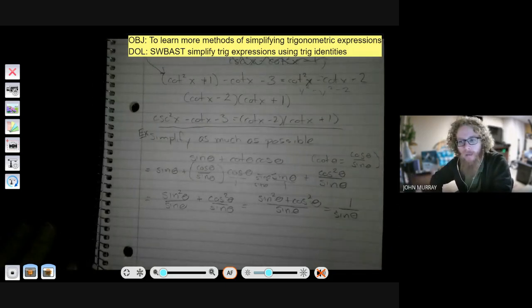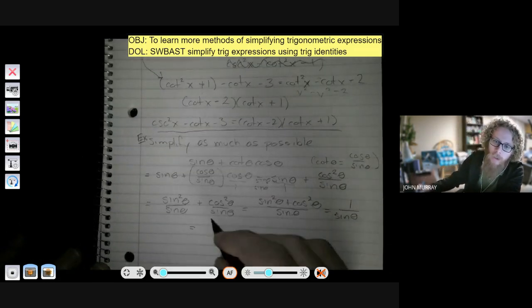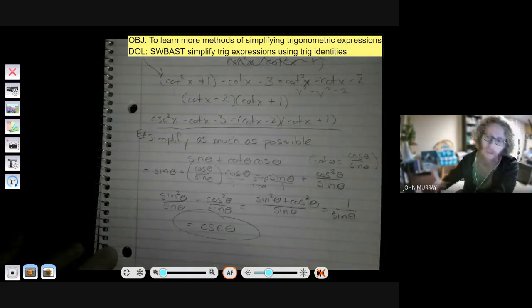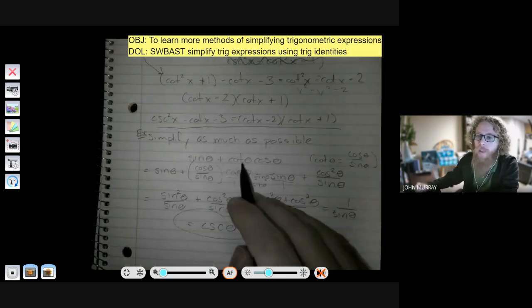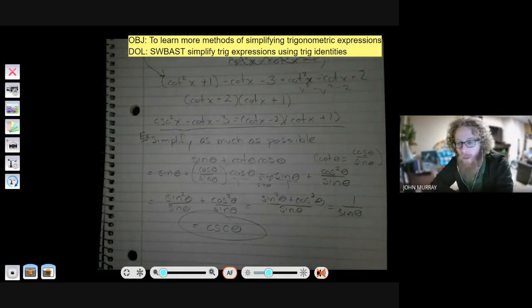So that's pretty simplified, and it's in terms of sine. But I could take it a step further, and I can use the reciprocal rule and say that 1 over sine is the same thing as cosecant.